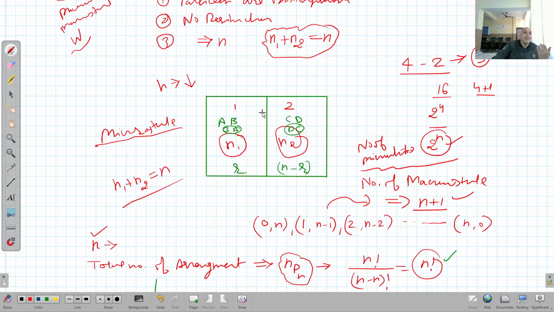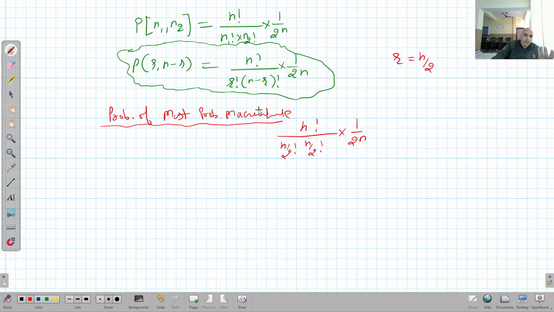You also have seen that in the case of distribution of 4 particles in 2 compartments, the distribution 2-2 had maximum probability. So again the same thing comes out here, right? This distribution of n particles in 2 compartments will have maximum probability when both the compartments have an equal number of particles, that is n by 2, n by 2.